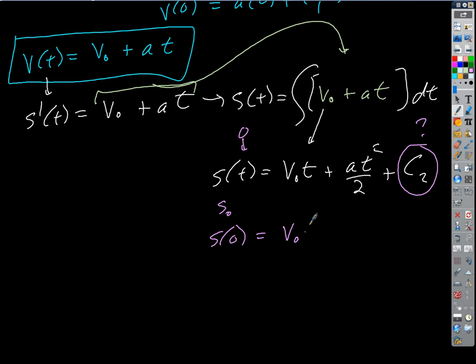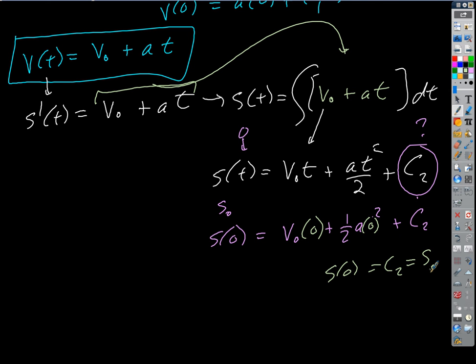Equals v naught t plus 1/2 a t squared, we could call that, plus, oops, I want to plug in zeros there, my mistake. If I evaluate that at 0, each one of those terms goes away, and so I'm left with C2 equals s of 0, which is the same thing as saying s naught.